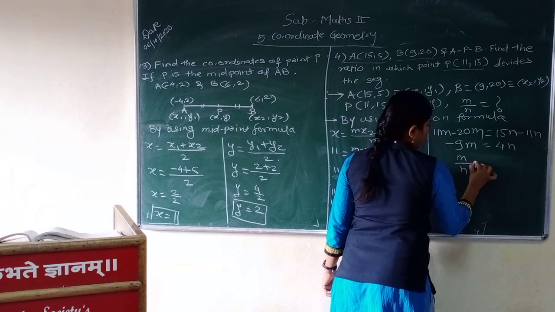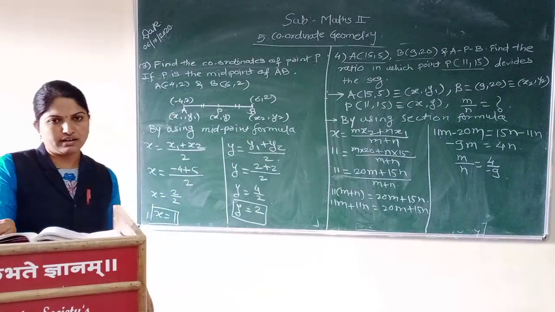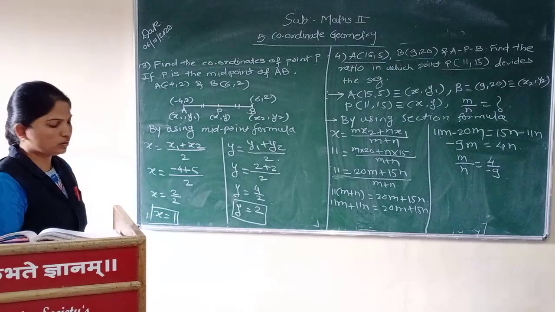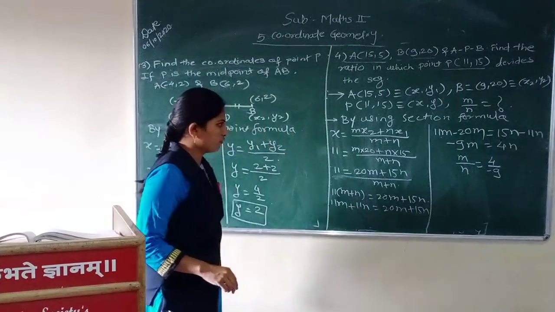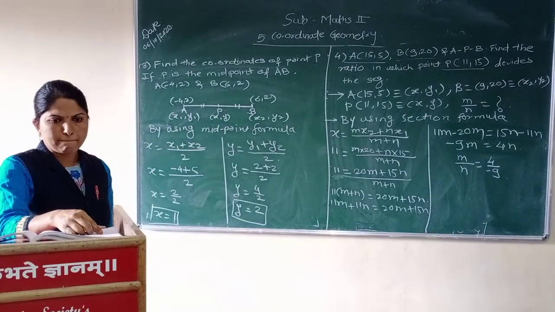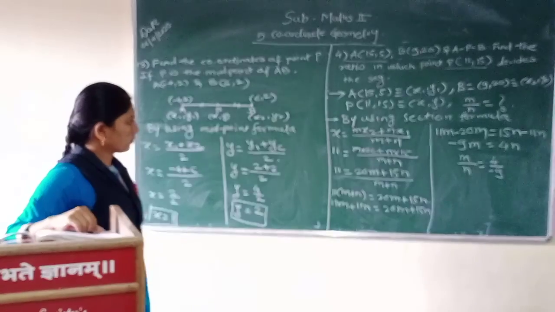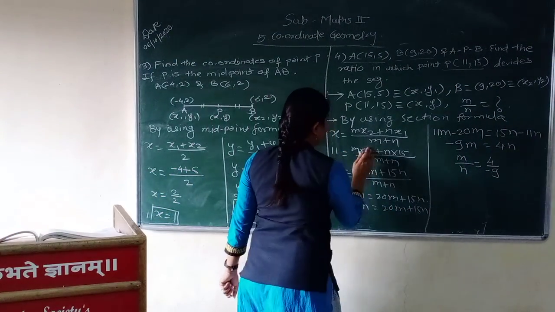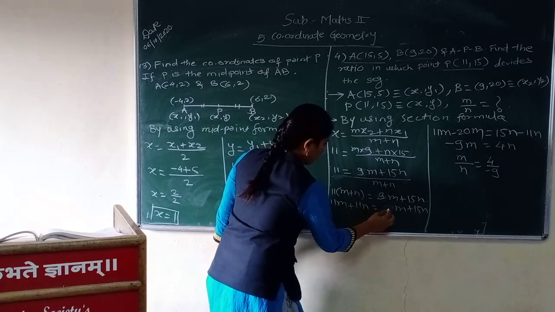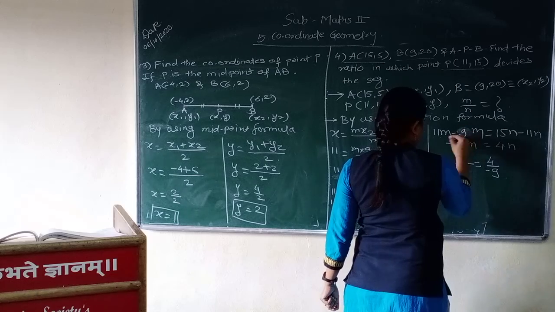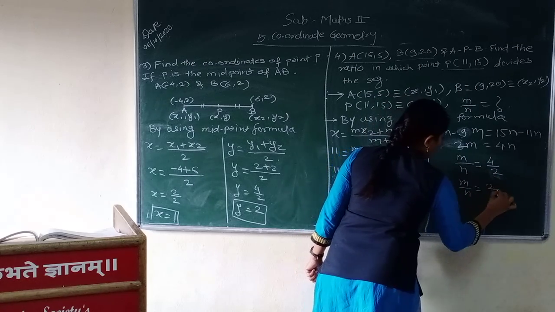We have to find m upon n, so m upon n is 4 upon 2, which is 2 upon 1.